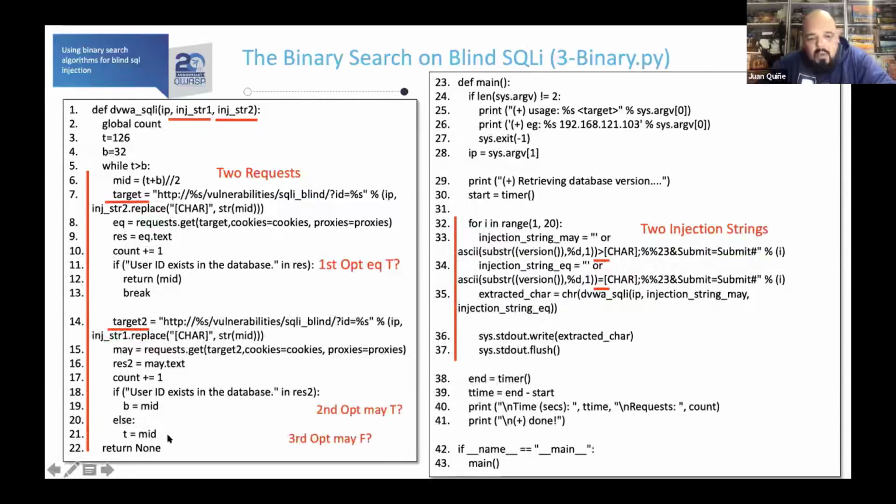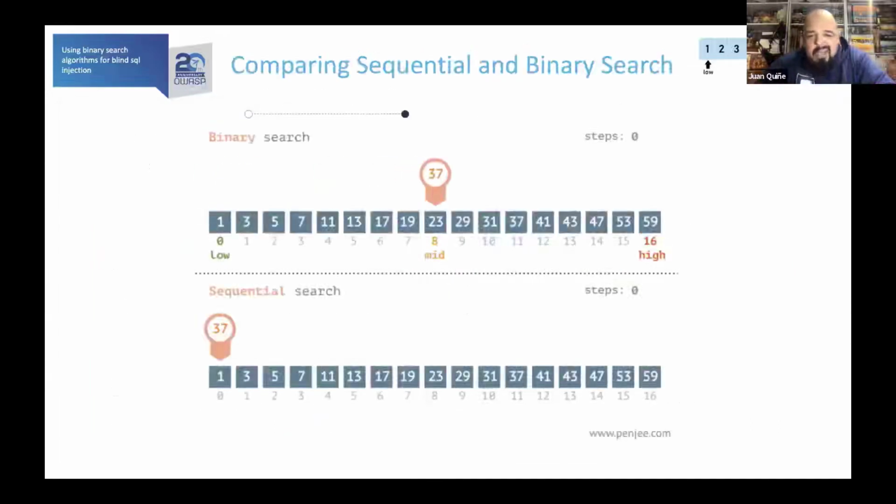No, it's false. Okay, it's false. I go to the third one, so the middle will become the new top, and that's how the script goes along through the query. This is more or less what we are asking for.